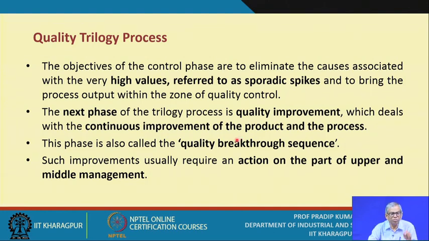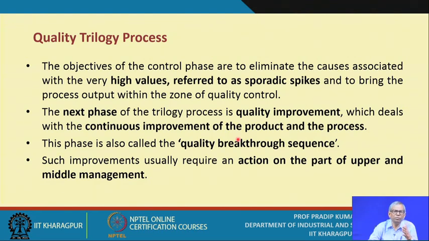And so you have to be aware of all this as the process is continuing, as the process is running. You may have several occasions where you get abnormal variations.